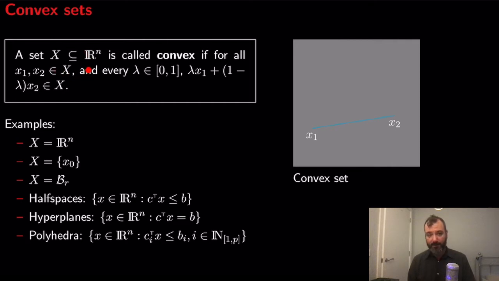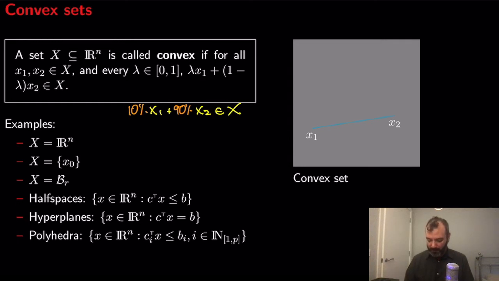A set big X, a set of vectors, is called convex if whenever I take 2 points inside the set X and I choose a number lambda between 0 and 1, lambda x1 plus 1 minus lambda x2 is inside X. This means that if I choose lambda equals 0.1, 0.1 x1 plus 0.9 x2 is again contained inside X. And if I replace 0.1 by 10%, and 0.9 by 90%, this is a little more understandable because it says that if you take a point that is between x1 and x2, this is again inside x.